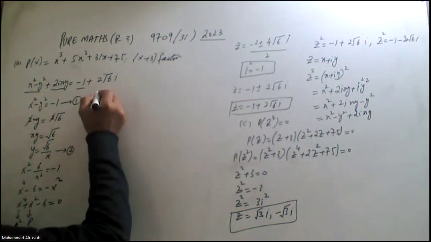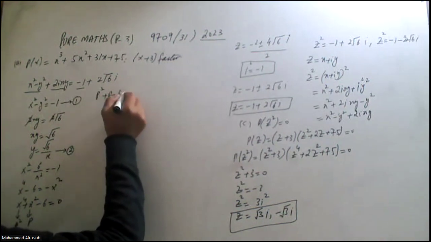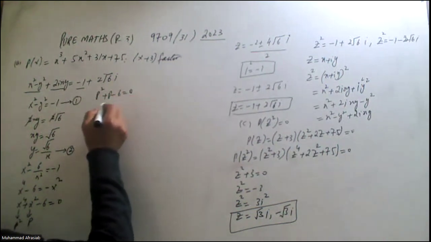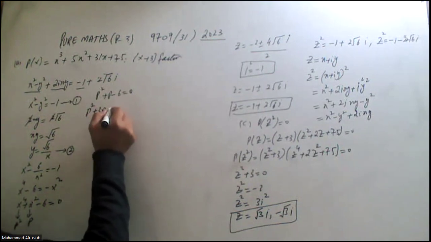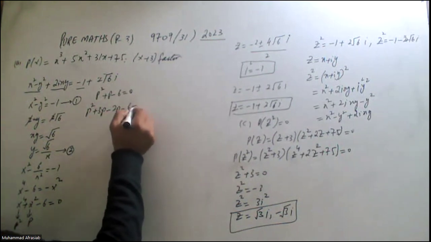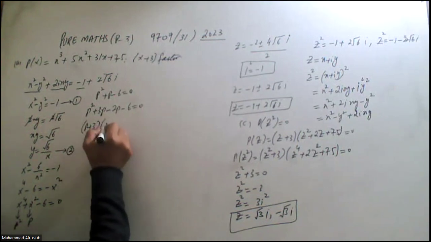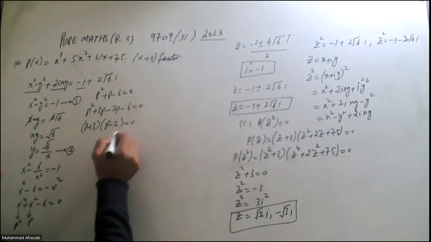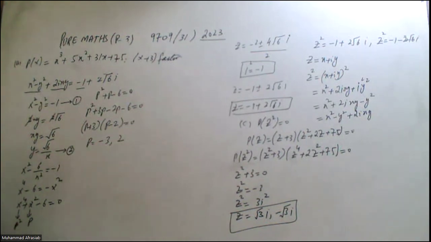So this expression will become p square plus p minus 6 equal to 0. Just factorize this part. It is p square plus 3p minus 2p minus 6 is equal to 0, or (p plus 3) into (p minus 2) equal to 0, or p is equal to -3 and 2.